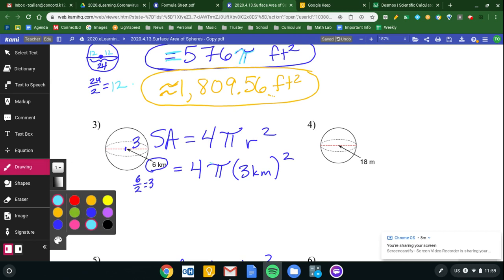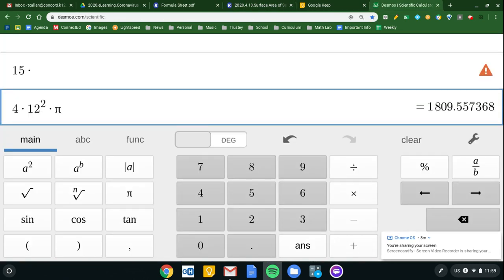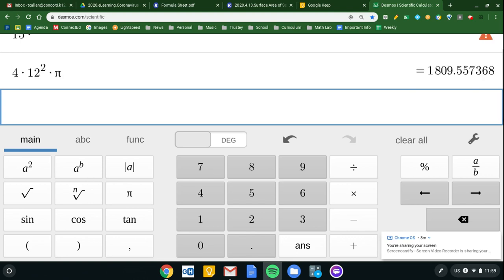If we go ahead and move the pi to the outside, I'm going to go to my decimals calculator. I'm going to type in 4 times 3 times 3. Four times 3, how about I just write 3 squared?